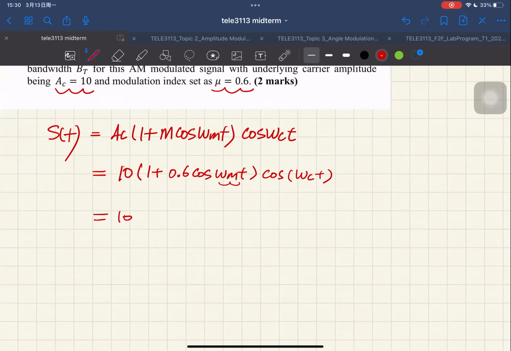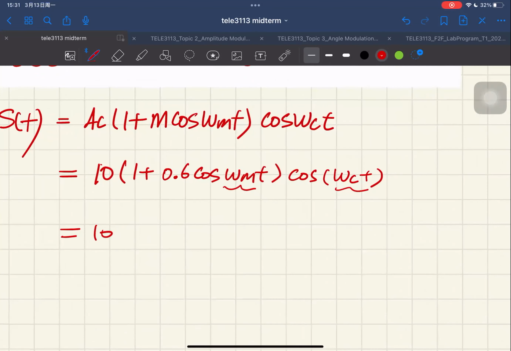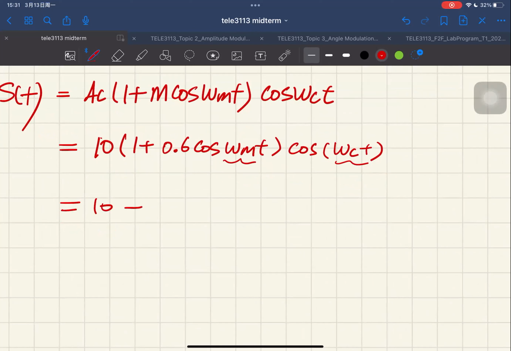In this question we don't really have to care about the frequency, because we only look at the amplitude. To calculate the energy we use amplitude squared over 2, so the actual frequency doesn't matter. So we have 10 cos ω_c t plus 6 cos ω_m t cos ω_c t.